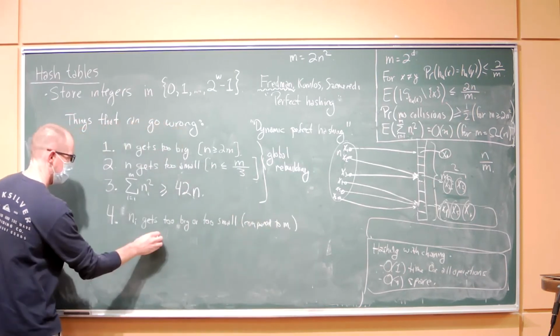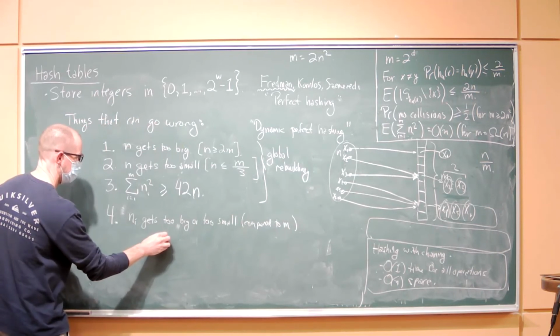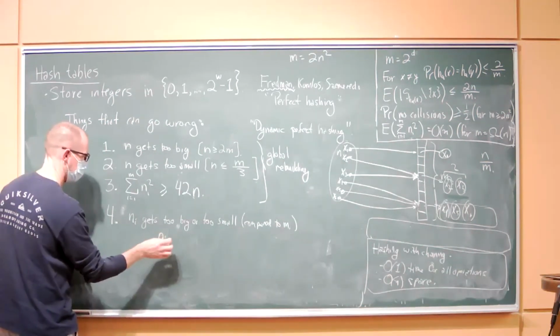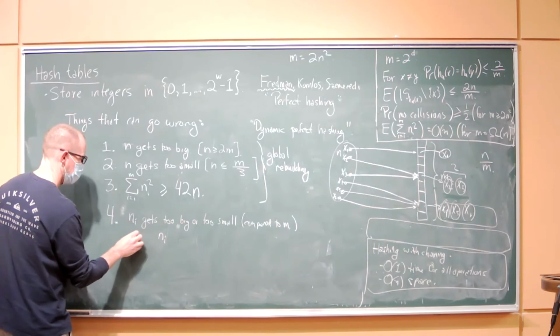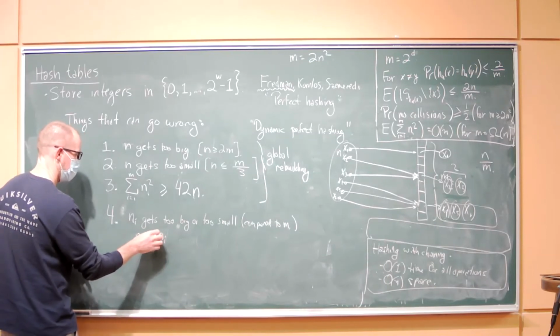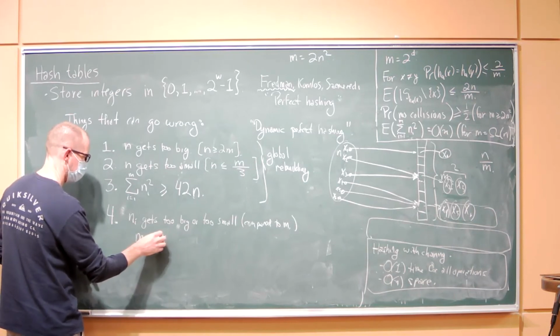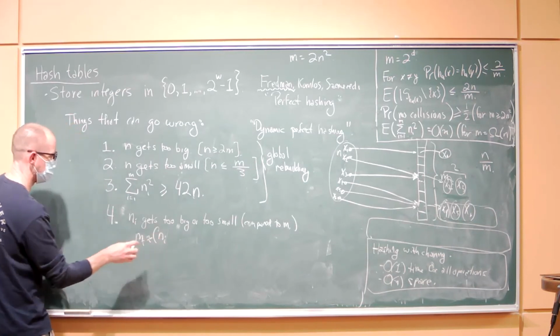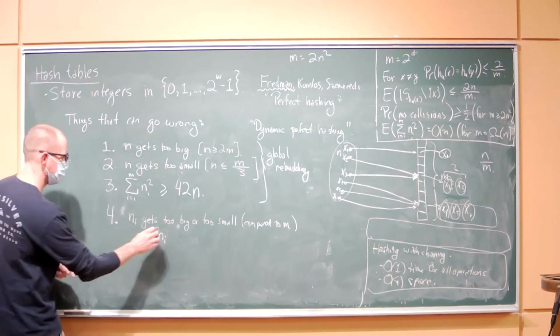Because remember, mi should be some constant times ni squared.